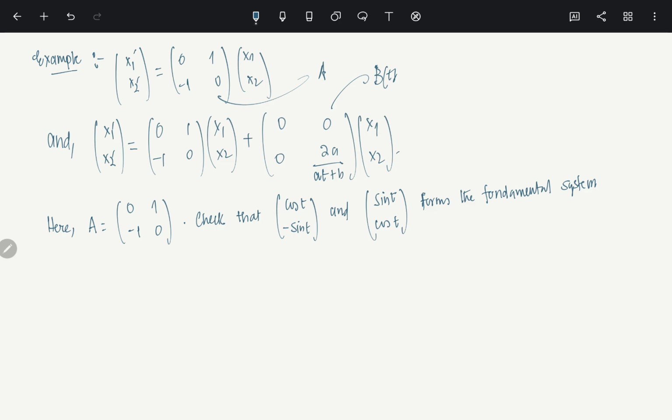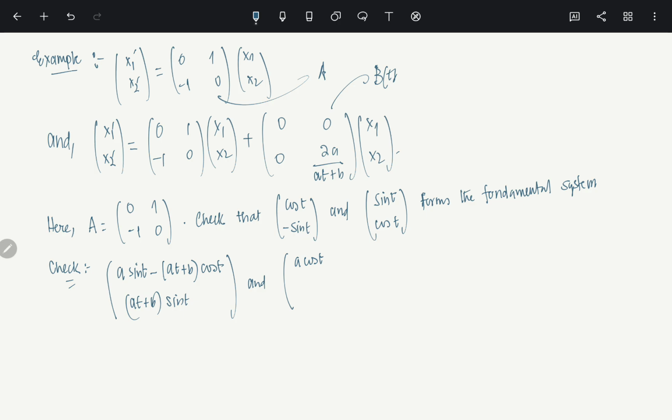Now also check this part. Check that this vector, (at+b) sine t minus a cosine t... and (at+b) cosine t, and this vector, (at+b) cosine t, a cosine t... To be very frank with you, this is one of those systems which can be solved.